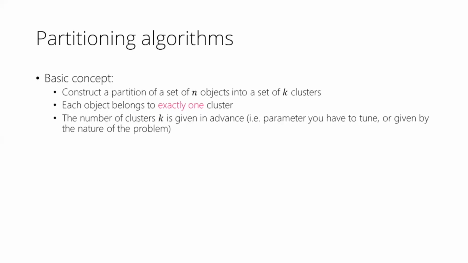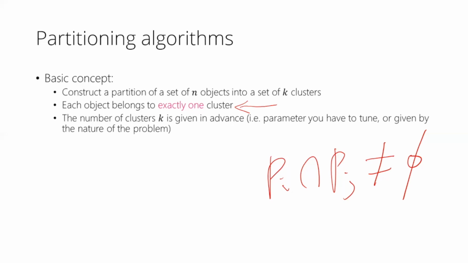What that means is each object should belong to exactly one cluster. No more, no less, just one cluster. Because otherwise, if an object belongs to more than one cluster, then the intersection between partition i and partition j may not be the empty set anymore, right?